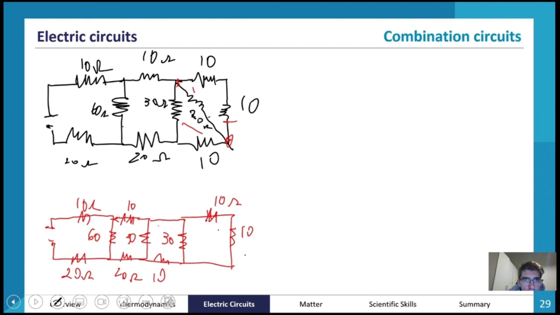The reason for that is because it's very clear that this 10 and this 10 are in series with one another, right? What might not be so clear is that these two are parallel with a 30 here. The reason they are parallel is because this node and here are the same, right?